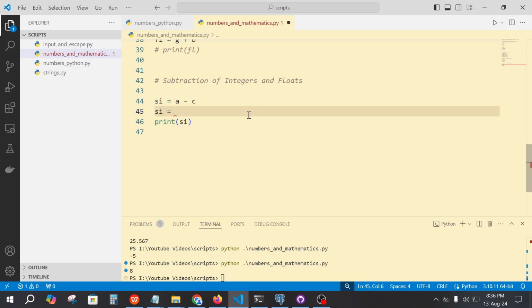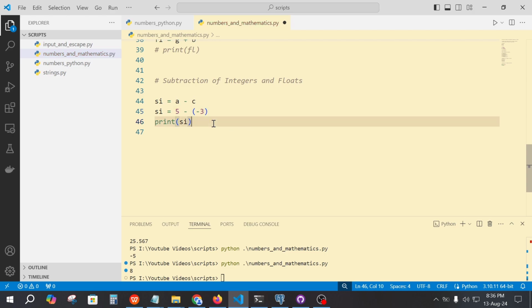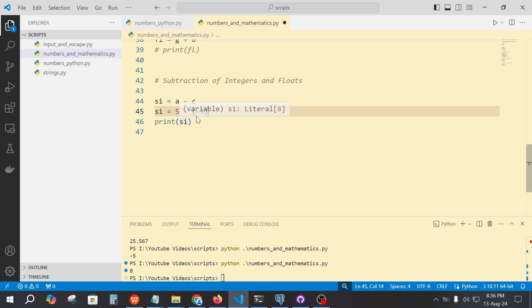A is 5 and minus is minus, and c is minus 3. We can wrap it around like this. This is already minus 3, and we also have a minus sign. So this minus minus will be converted to plus. So 5 plus 3 equals 8.